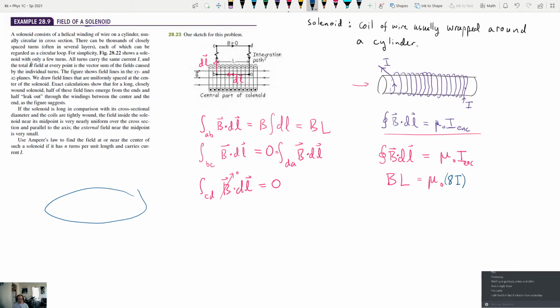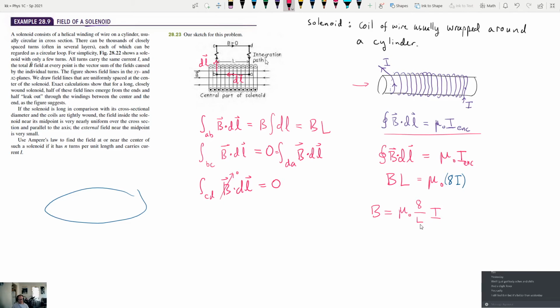So our result now, because we're basically done, is that in this case, the magnetic field is going to be equal to mu naught times 8 divided by L times I, right? It's a really simple result. Of course, we can do something exactly as you all said, where we could say, well, what if it was 10, or what if it was 11? What if we just made our path bigger?